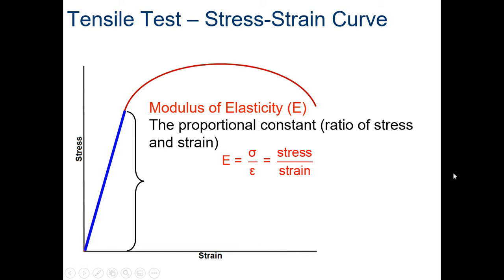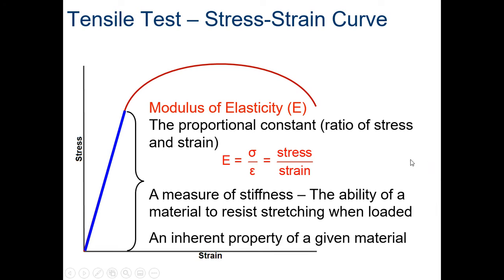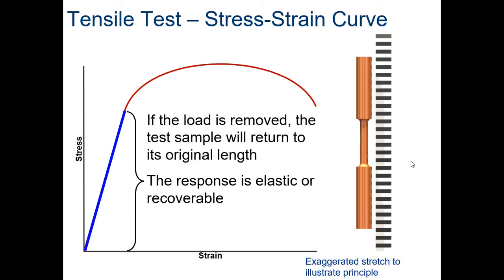Okay, a little different than the other ones that we did when we were doing centroids and things like that. Remember, modulus of elasticity is the measure of your stiffness, or the ability to resist stretching when it's loaded. And that's what we did. We stretched that dog bone that we had in there. And it's different for every material that we have.